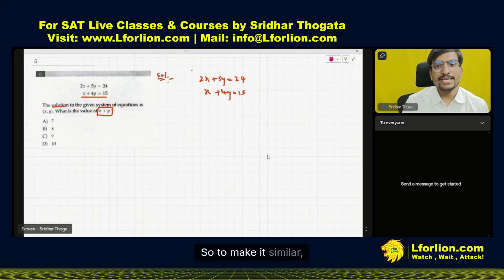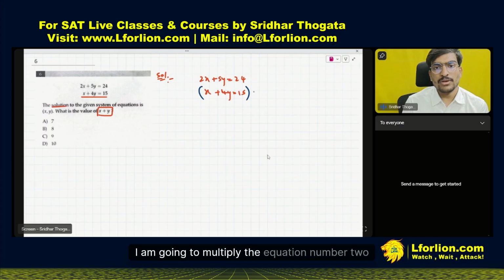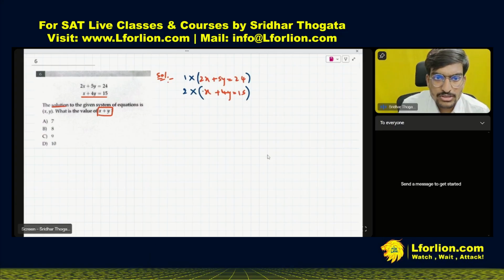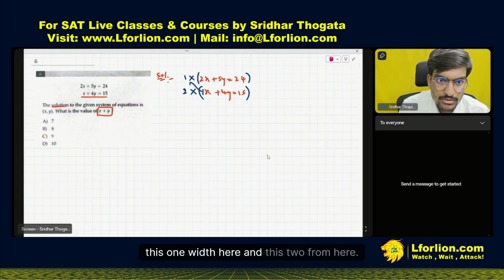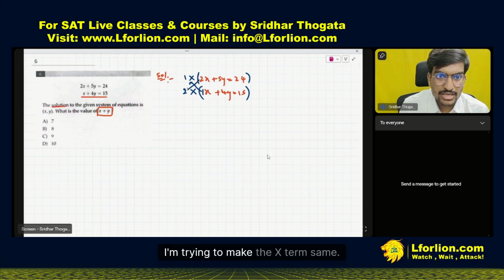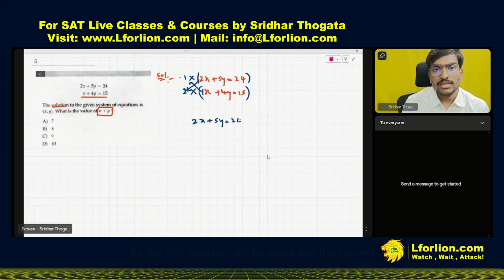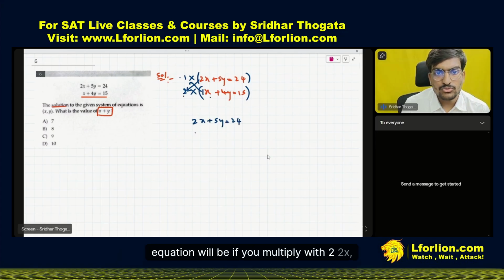To make it similar, I'm going to multiply equation number 2 with 2. I'm trying to make the x term the same, multiplying one with 1 and the other with 2. So the first equation will be the same, and the second equation, if you multiply with 2, gives 2x.